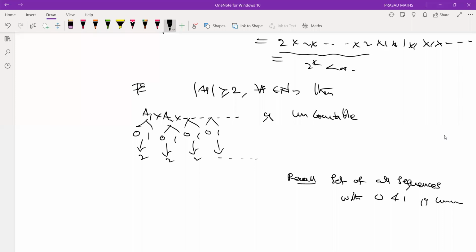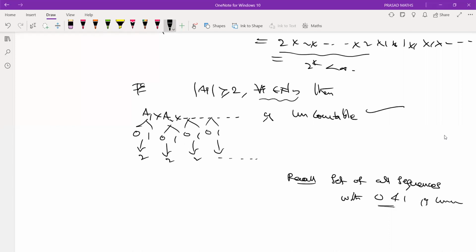A1 can be filled in 2 ways, A2 in 2 ways, A3 in 2 ways, A4 in 2 ways. So the set of sequences with entries 0 or 1 is automatically uncountable. Therefore, this is uncountable. So what you conclude is that the infinite Cartesian product of countable sets is uncountable if the cardinality of Ai is bigger than or equal to 2 for infinitely many i.